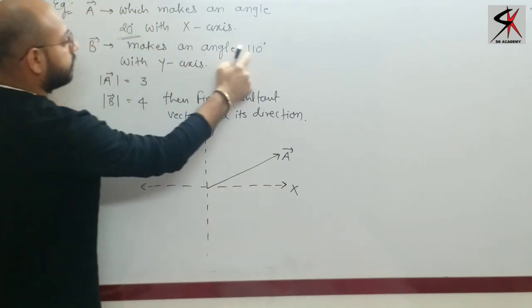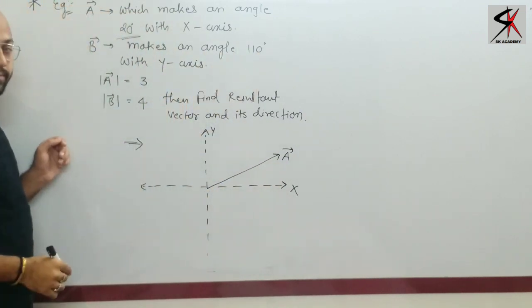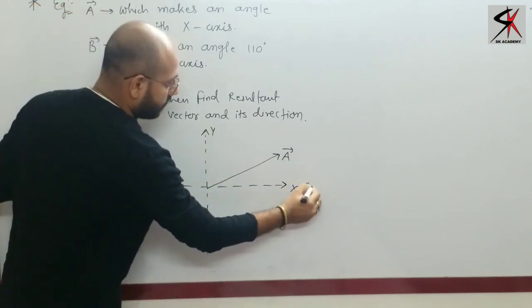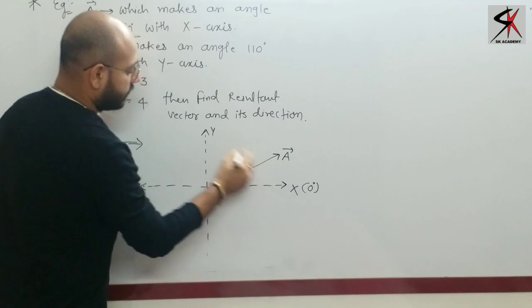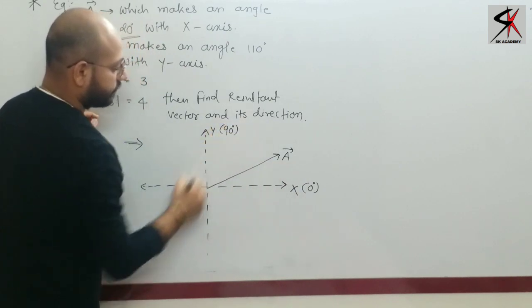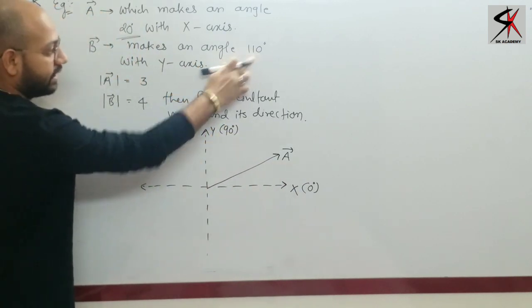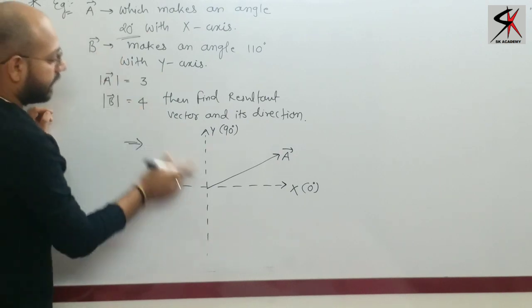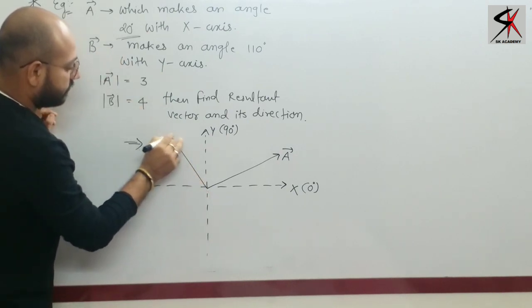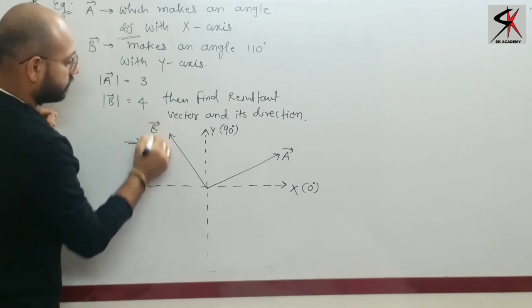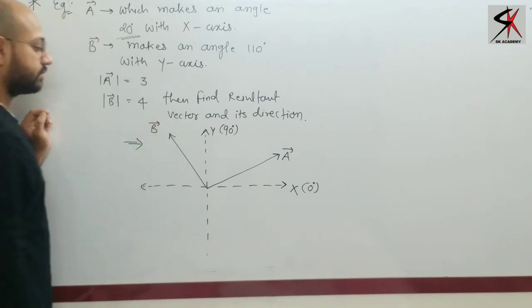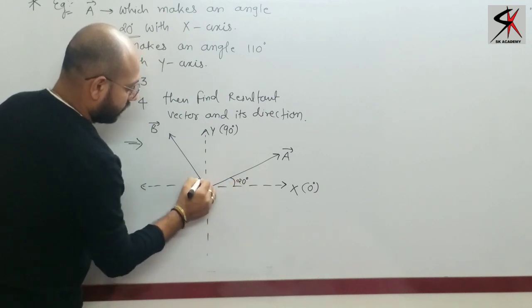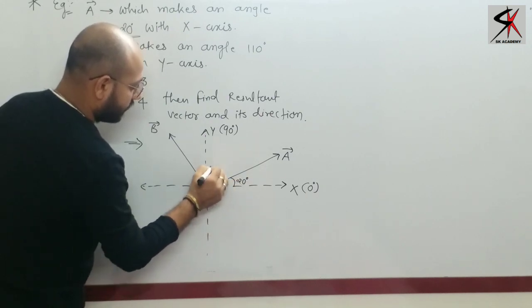And B bar makes 110° with the y-axis. In the Cartesian coordinate system, here the angle is 0° and here 90°, so 110° is in the second quadrant. So our B bar is in the second quadrant. This angle is 20° and this one is 110°.